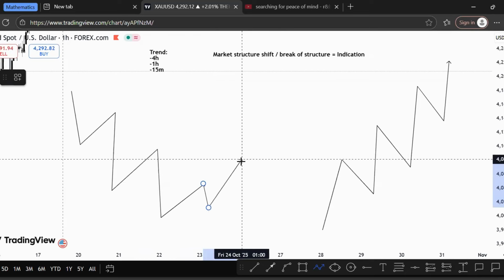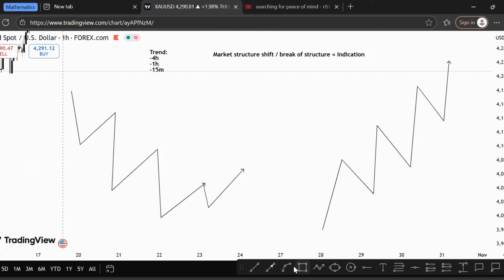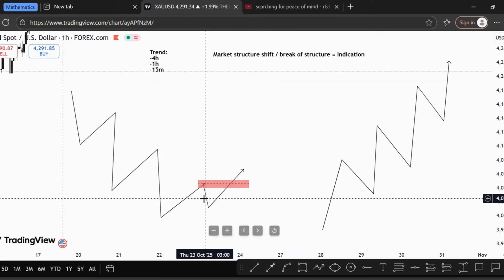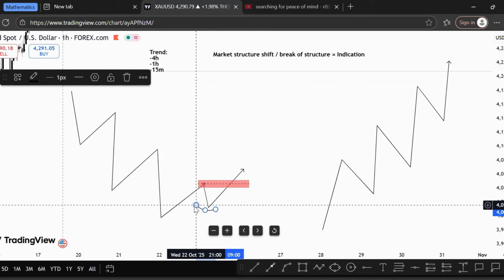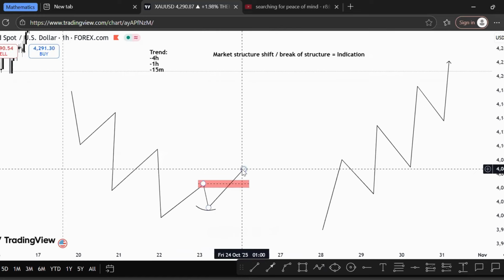Price then breaks above this lower high to give me a higher high, right? Now, this here is that break of structure. This higher low that was produced, instead of the market giving us a lower low, this is what I was looking for. You get what I'm saying?